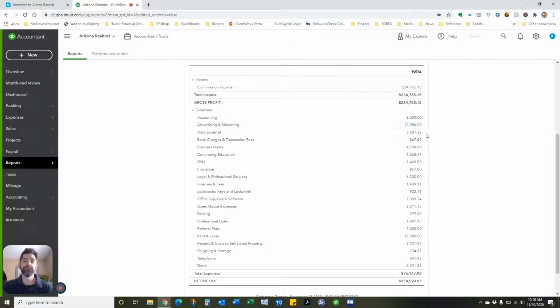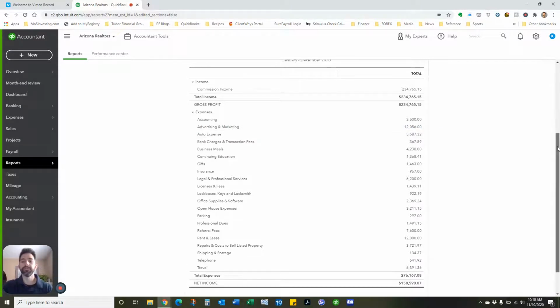Advertising and marketing, a little over $12,000, roughly about $1,000 a month. Is that a fair assessment for this company? In this case, essentially that'd be looking at $1,000 a month to produce their $235,000 in income.